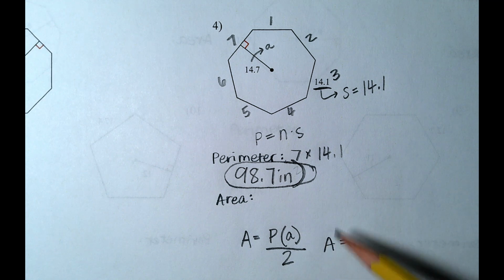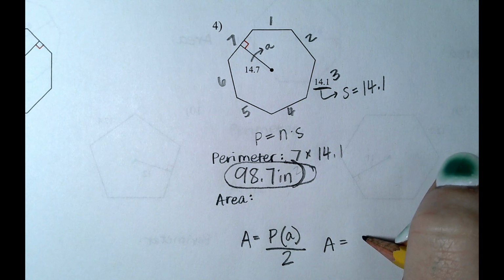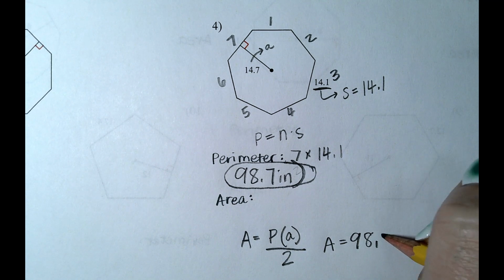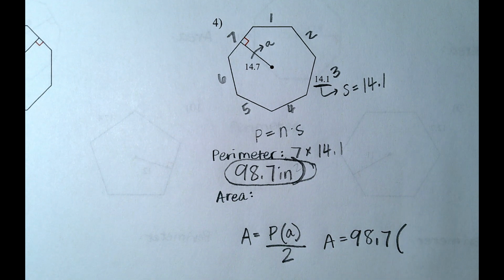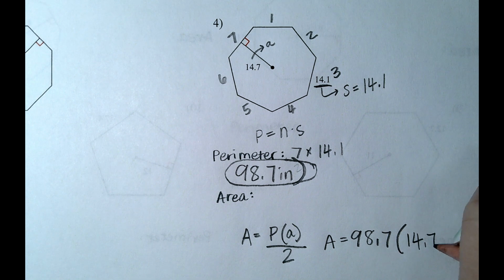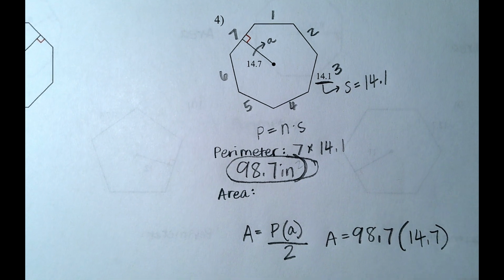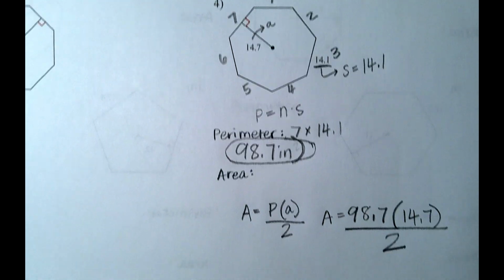Okay, so our area is that perimeter, 98.7, times the apothem, which is 14.7, and we just divide that by 2.